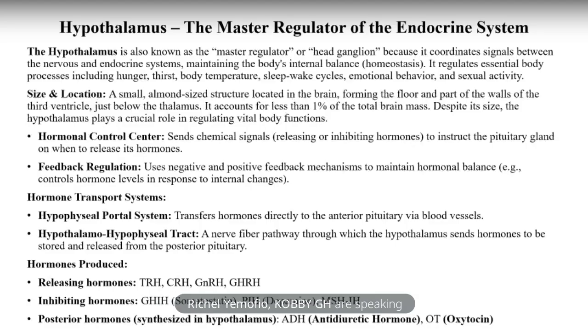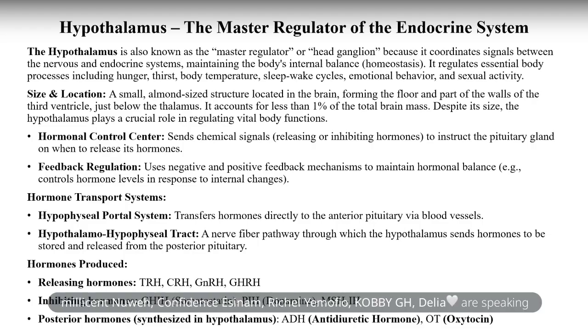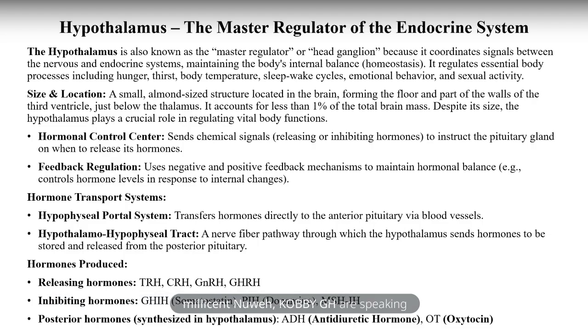Which gland releases oxytocin? Now that your mind is in anatomy. Which gland produces prolactin inhibiting hormone? The hypothalamus. Which gland releases ADH?